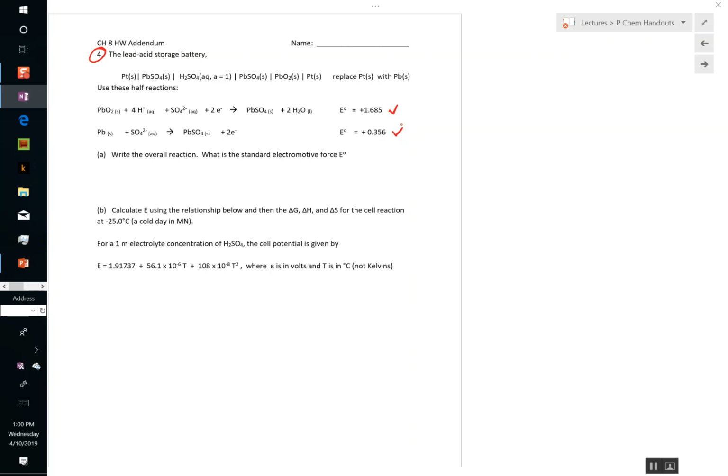Did you say we needed to leave this as HSO4 aqueous, or can we make H2SO4? Well, I would leave it as 4H plus SO4 minus 2. Okay. I would leave it that way. You said in the email we were using it to calculate delta G, and there weren't delta G values for H2SO4.